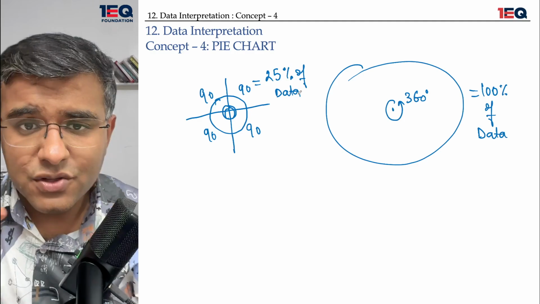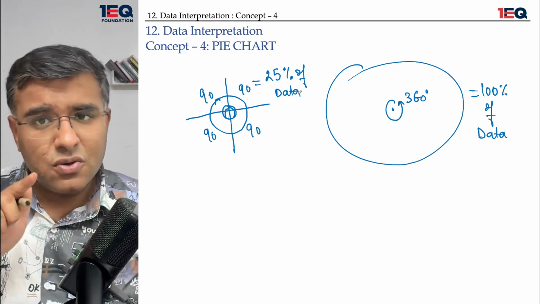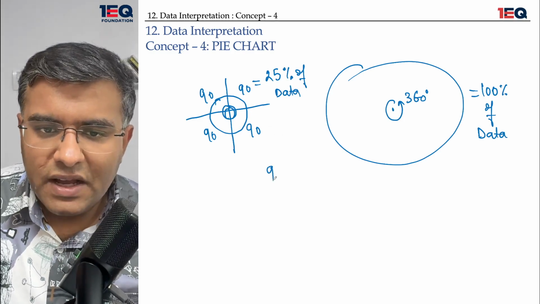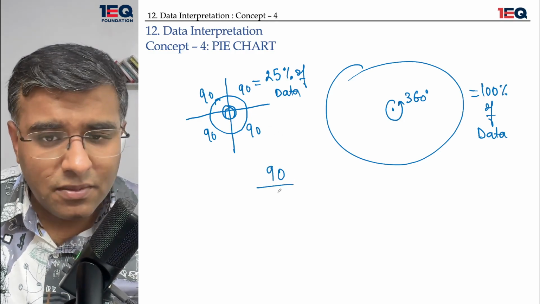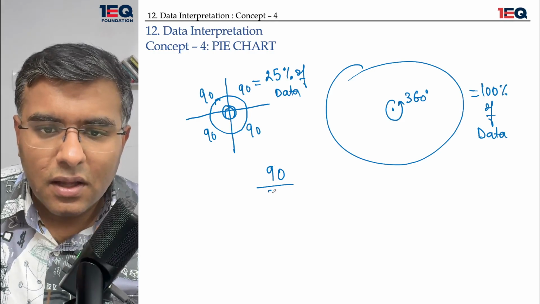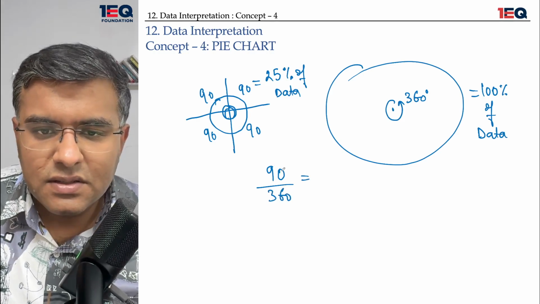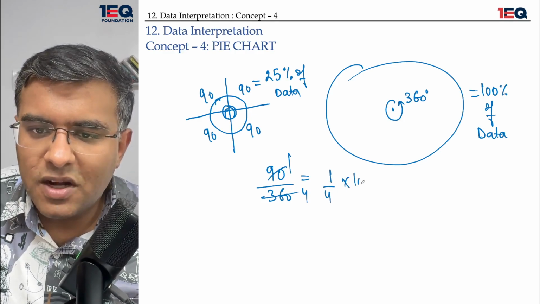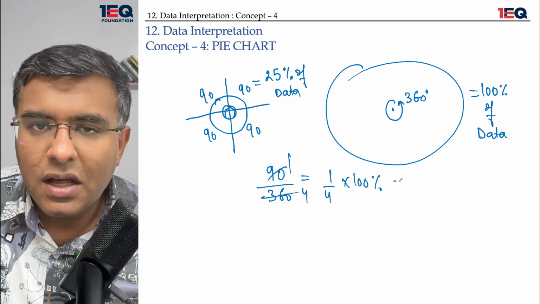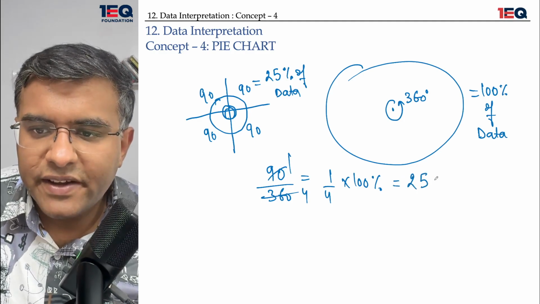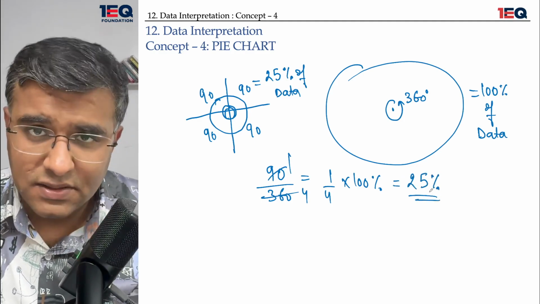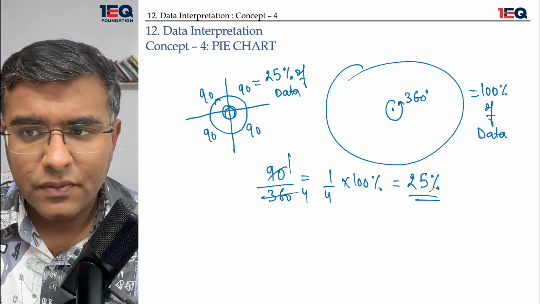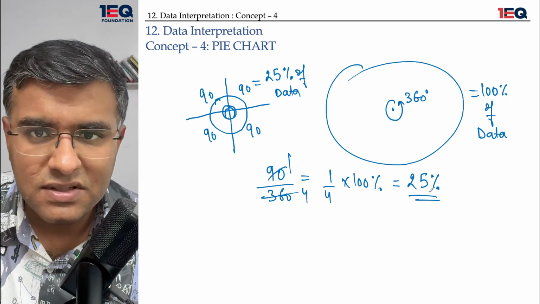But how did I manage to call this 25 and the other one 100? There is a reason behind it. When I say that I'm only using 90 degrees out of 360 total degrees, the value comes out to be 1 by 4. And once this 1 by 4 is multiplied by the 100% of the data, I find out that 25% is my answer. Got it? This is how the origin starts.